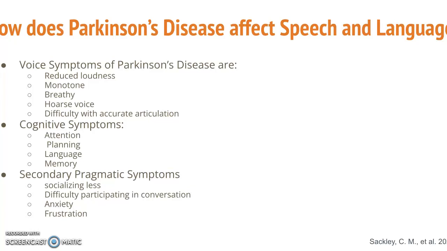Some secondary pragmatic symptoms that are caused as a result of having Parkinson's disease are having a difficult time socializing, having a difficult time participating in conversation, having anxiety or frustration, which also tends to cause these patients to not want to interact with others.